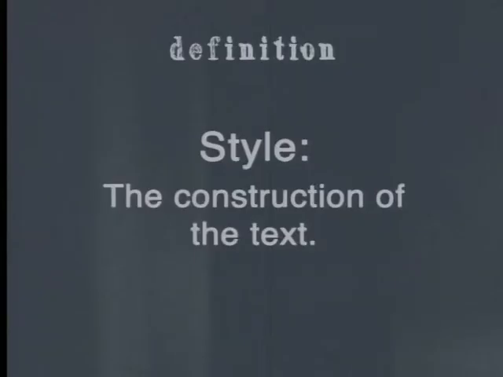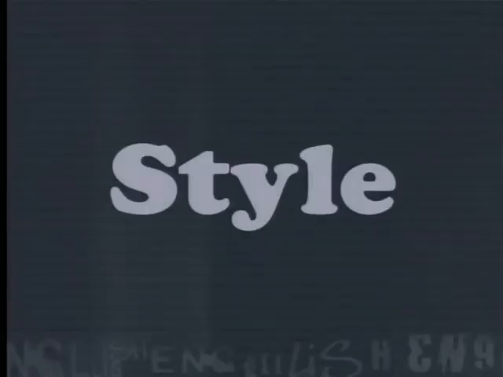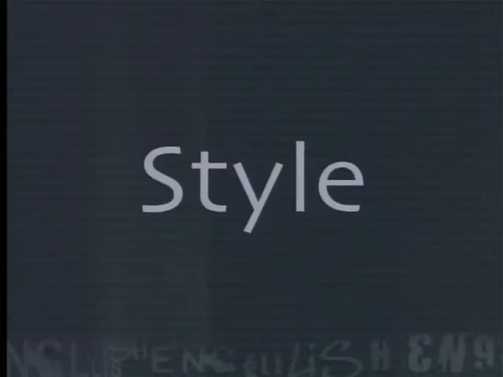Now, we've talked a lot about how you must look and see if the style was appropriate for the situation, but what exactly is style? Style is the way in which a text has been constructed or expressed through the use of language. Diction, tone, and register all make up a writer's style.